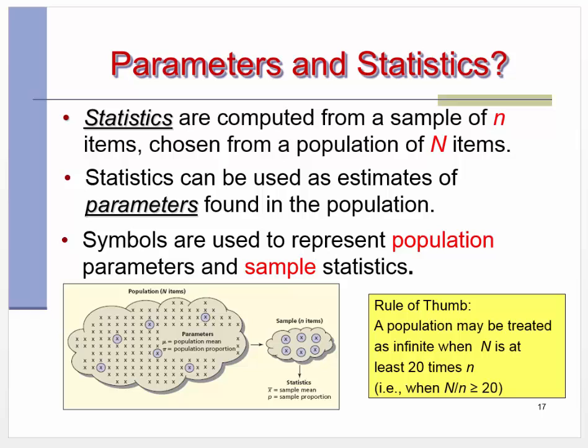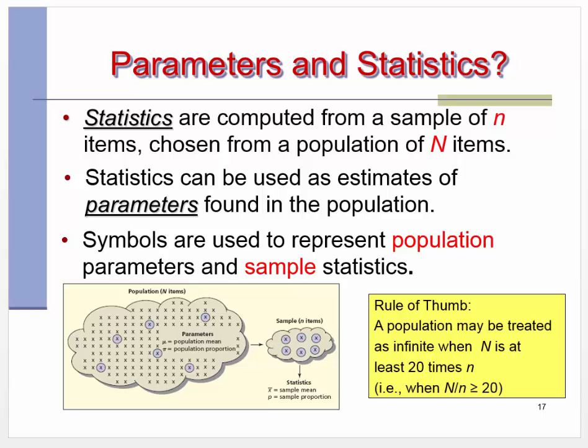Now let's talk about parameters and statistics. Statistics are computed from a sample of n items, that's lowercase n, chosen from a population of N items, capital N. Statistics can be used as estimates of parameters found in the population. Symbols are used to represent population parameters and sample statistics.